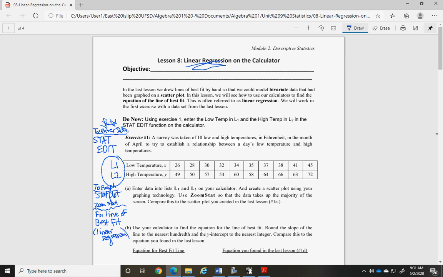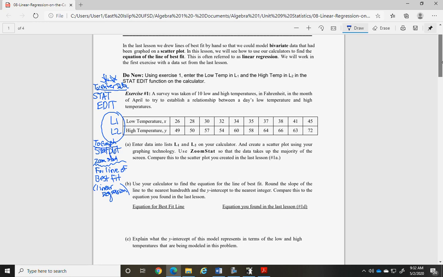I'm just doing all my notes in the margin here. We had to push stat, then we moved over to calc, then we moved down to what said linreg, linear regression.